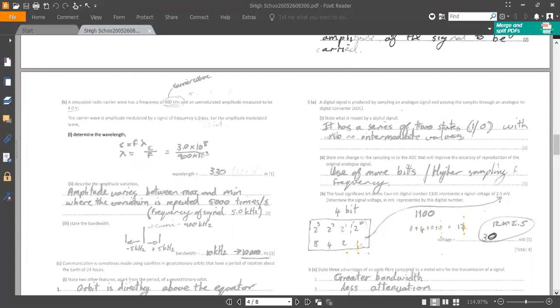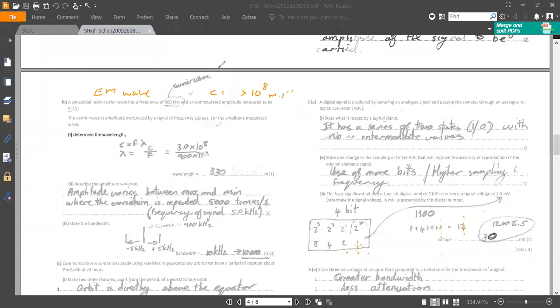For the amplitude modulated wave, determine the wavelength. Remember, this is a radio wave. A radio wave is still an electromagnetic wave, and it has the speed of light, so c is equal to 3 times 10 to the power 8 meters per second.